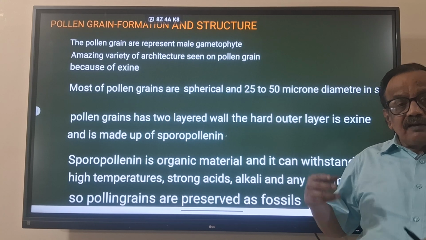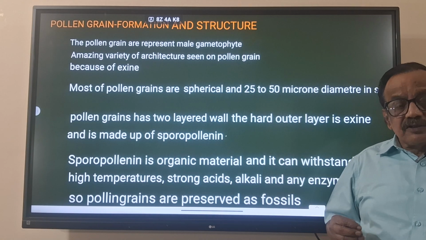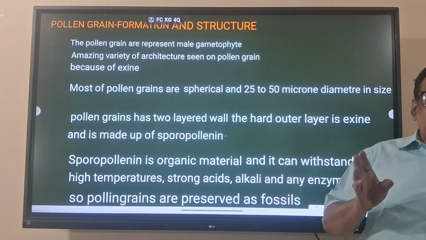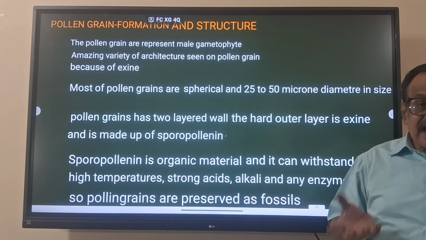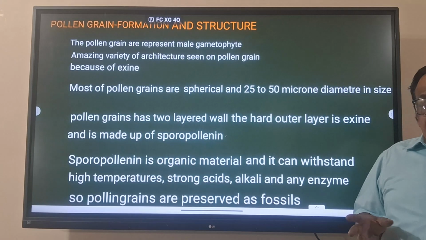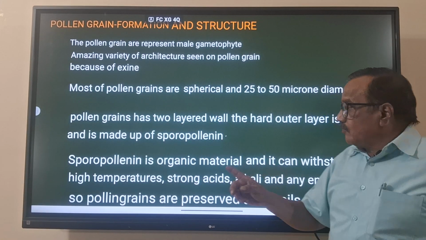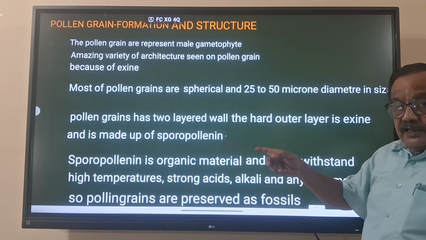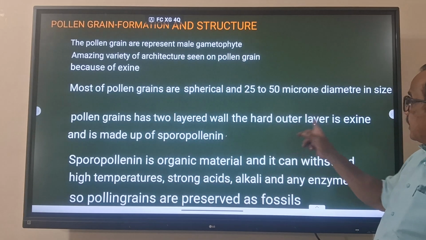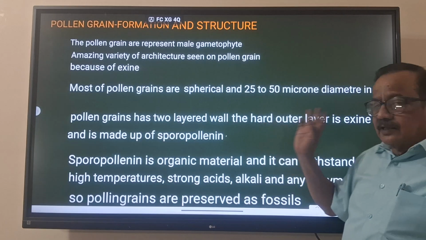It may also fall on other places and must withstand, staying for many days. Because of such sudden exposure to the environment, it must be very hard. Sporopollenin is a very hard material which cannot be destroyed by temperature, acid, or enzyme.